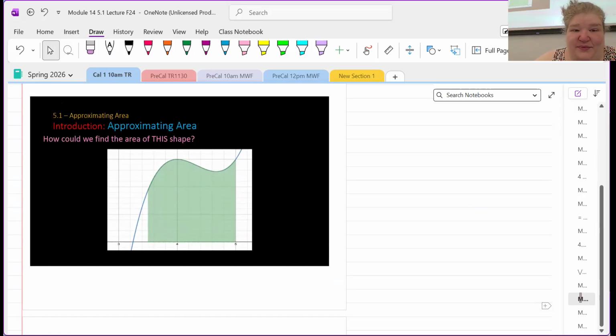So this starts with the question, well, how could I find the area of that shape? Good question. I mean, I could guesstimate it by counting the squares, but that's real tedious.